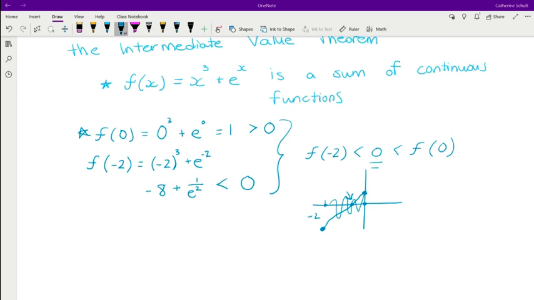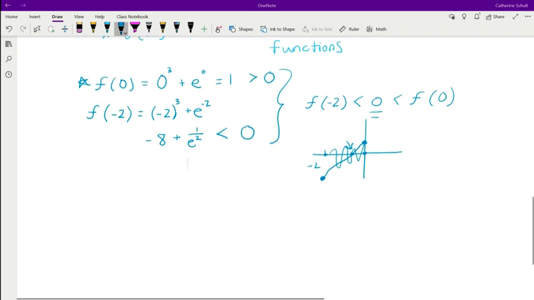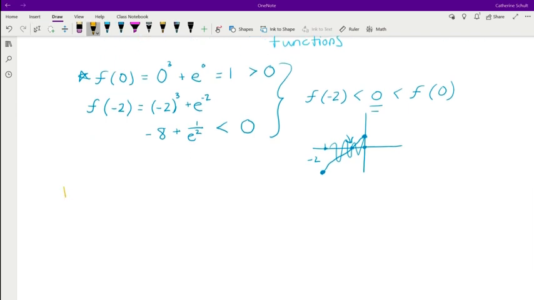So we just set up the criteria, and so now we can say something like, by the intermediate value theorem, a root exists between x equals -2 and 0.